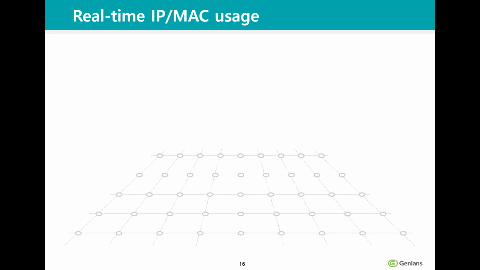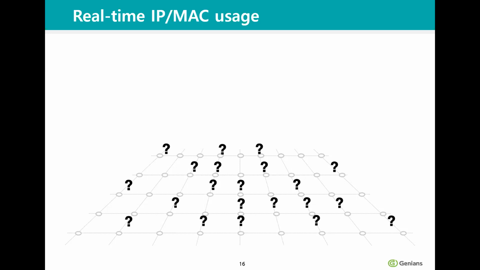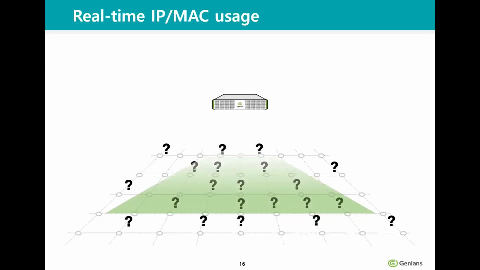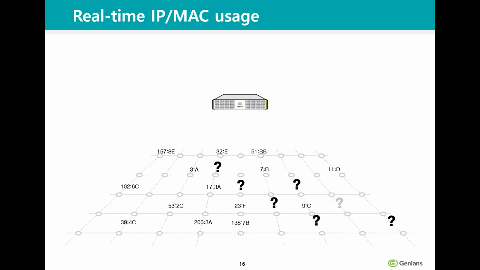We don't know what devices are connected, or how many devices are connected on the customer side. If we install our network sensor, it scans automatically, and we find the device IP and MAC across the whole network.